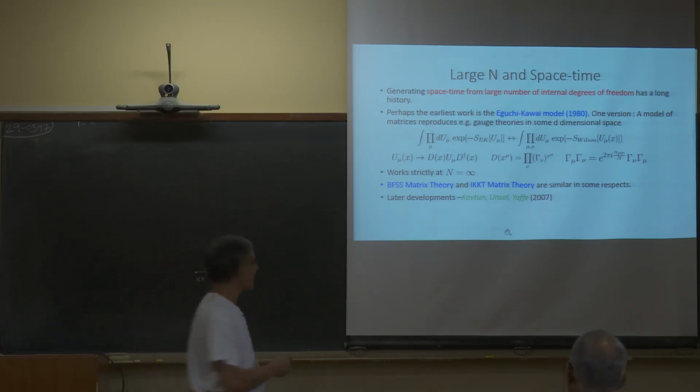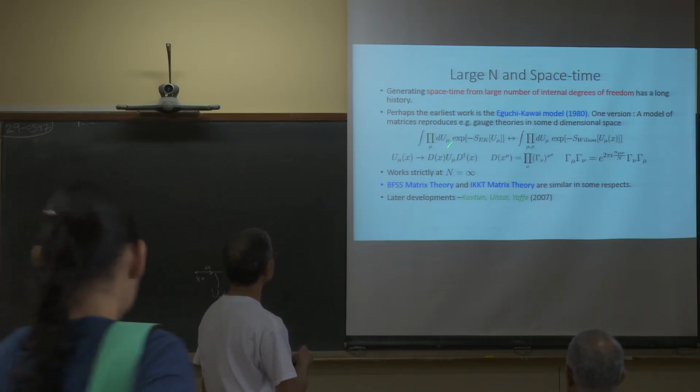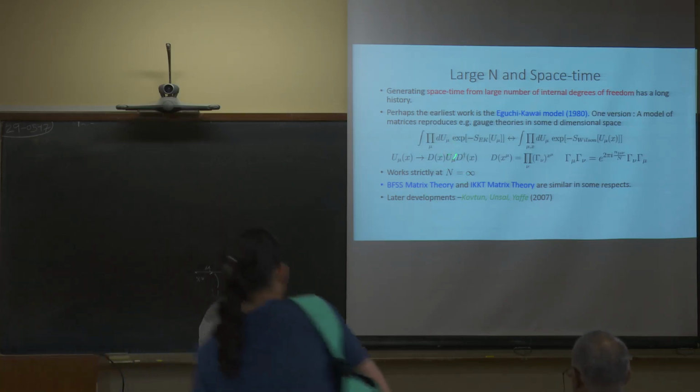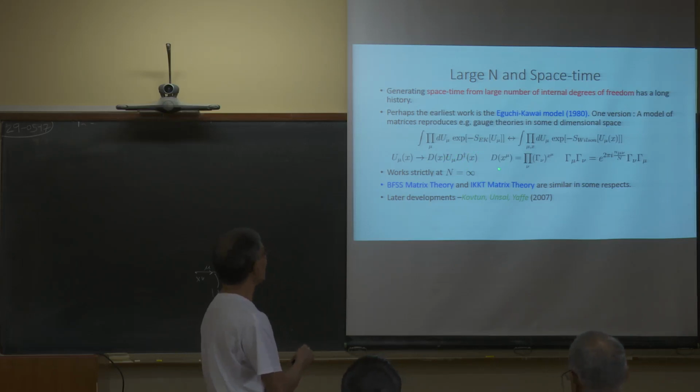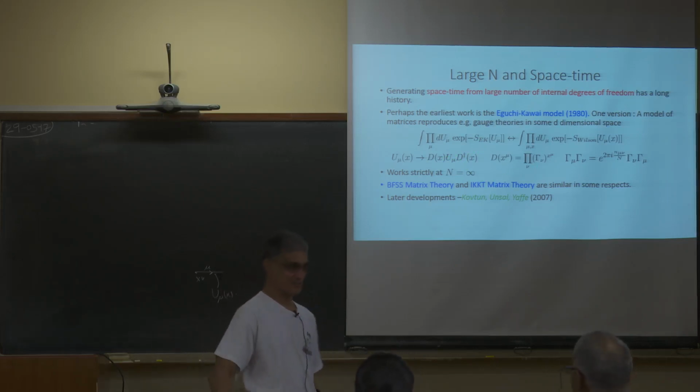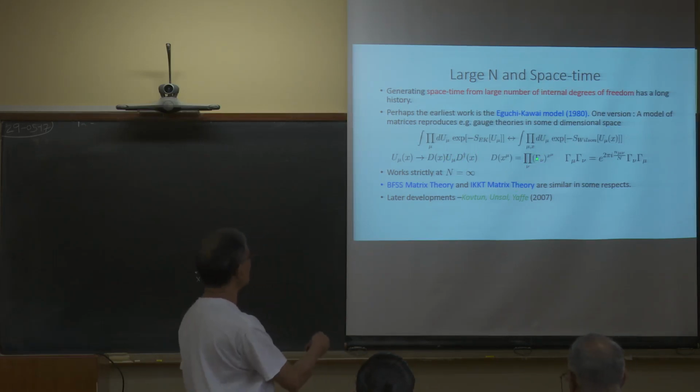So the idea is that that object is related to this pure unitary matrix U_mu by conjugation by another unitary matrix D, and this D is a product of something called twist matrices. You take a product of these twist matrices and raise it to that x which was here.